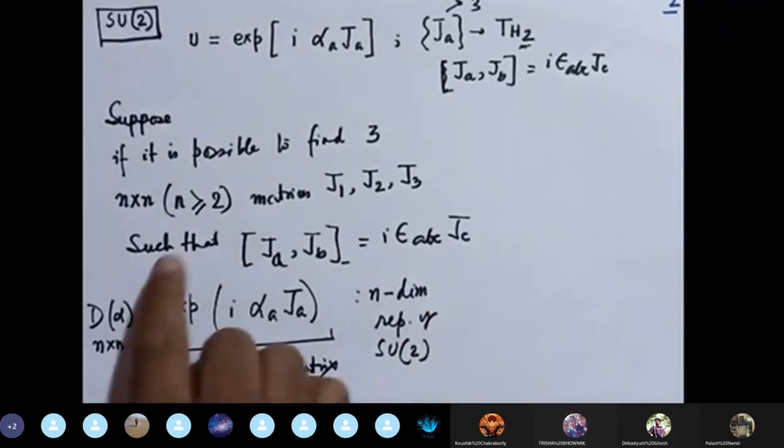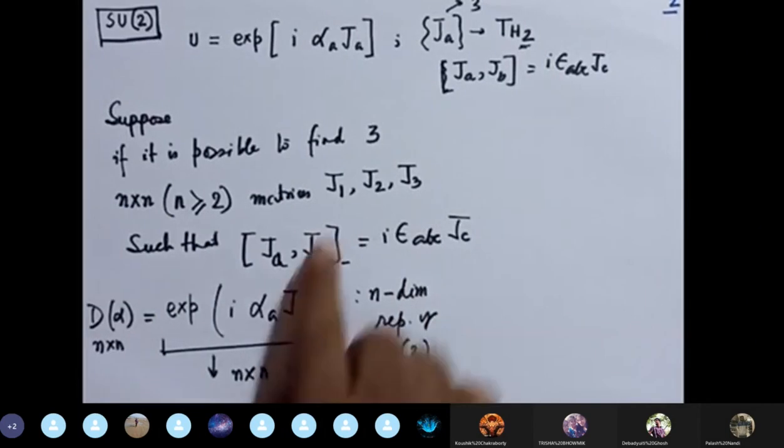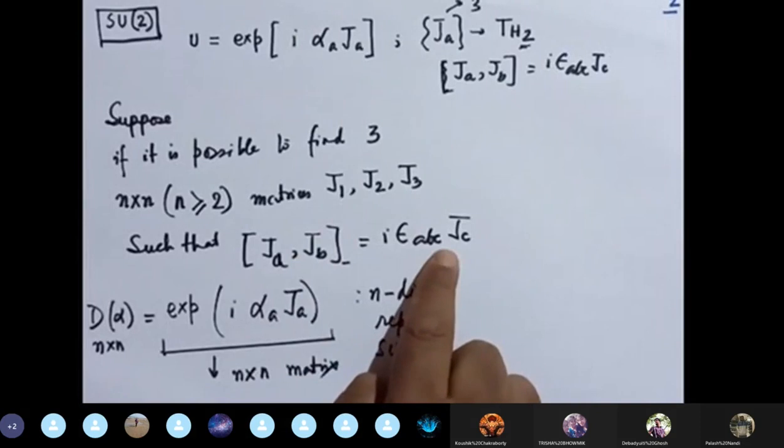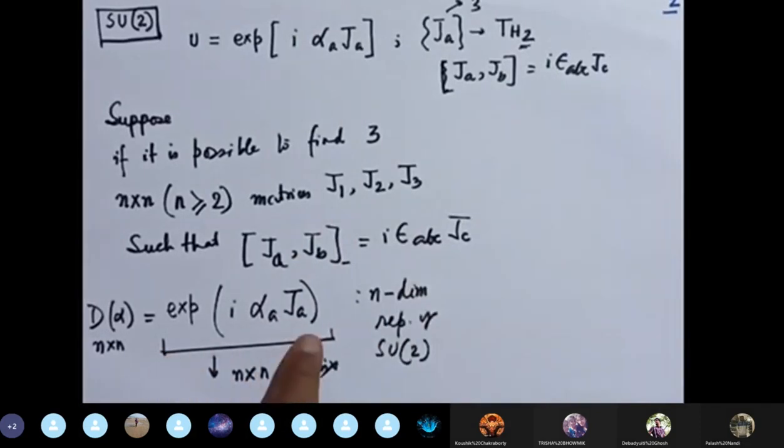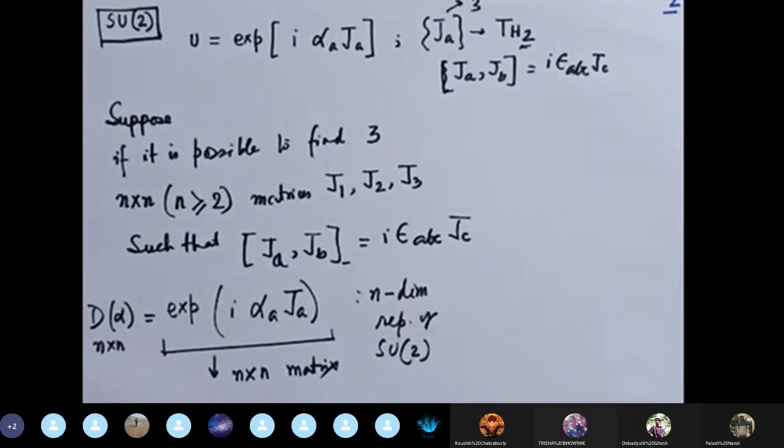Because if we can find such three matrices of any order n cross n that satisfy this, then obviously this matrix, though it is not a 2 cross 2 unitary matrix, is a 3 cross 3 unitary matrix with determinant 1, because J1, J2, J3 have to be traceless. These matrices somehow contain in themselves the structure of SU2.